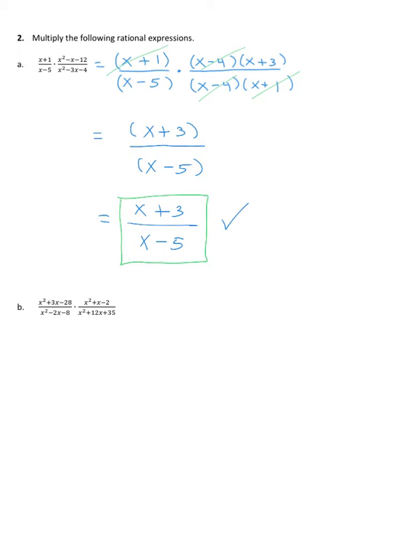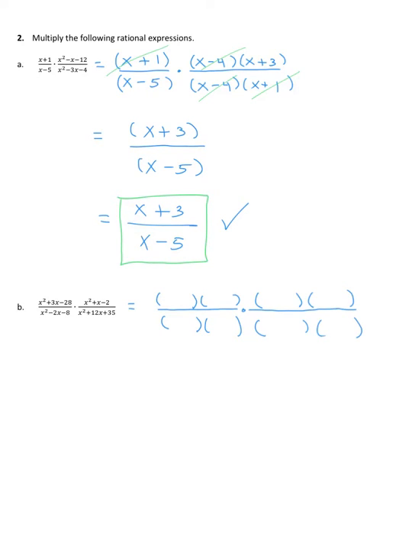All right, for the next part here, this is a little bit more complicated just because I now have to factor both fractions. Perhaps the first fraction breaks into two pieces in the numerator and the denominator, and then the same thing is true, hopefully, for the other fraction, like this.